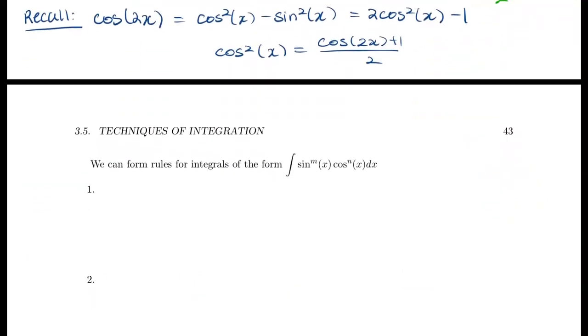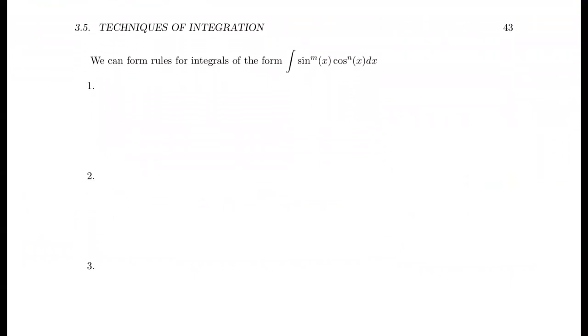All right. So we can form some rules for integrals of the form sine m of x times cos n of x dx.